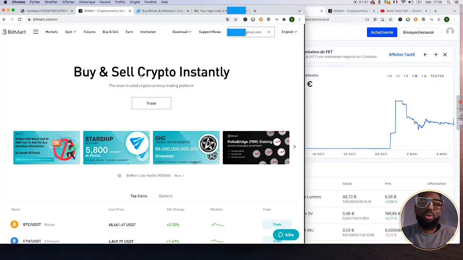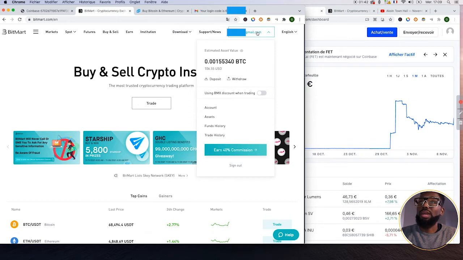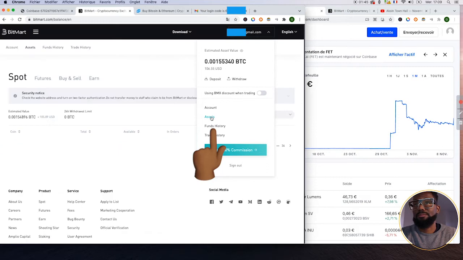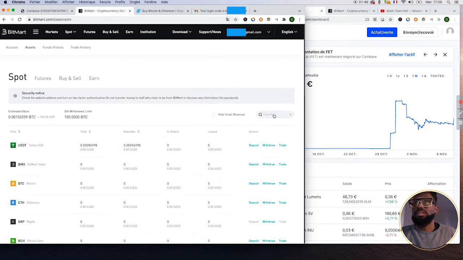So let's go. When you are on Bitmart, hover over your email address and go to Assets. In the search bar, type AKN. This is the code for the Acoin token, AKN.